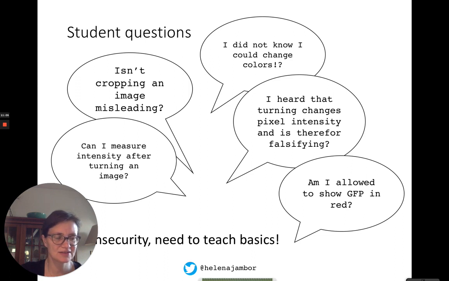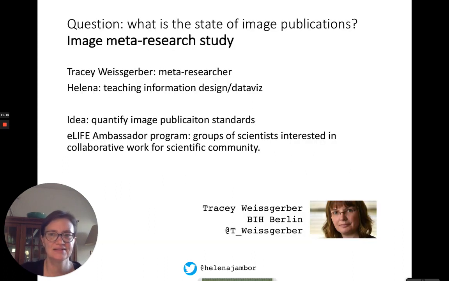In fact, around the time that the students started asking such questions, I was wondering how good the images presented in publications are, if these are the questions that I get in courses. And around that time I met Tracy Weissgerber. We were both eLife ambassadors. Tracy has done a couple of prominent meta-research studies already.